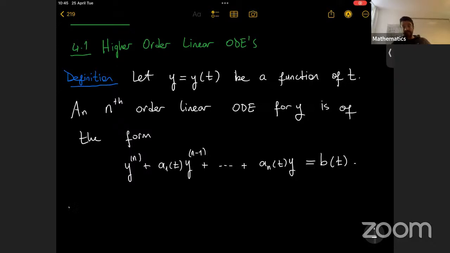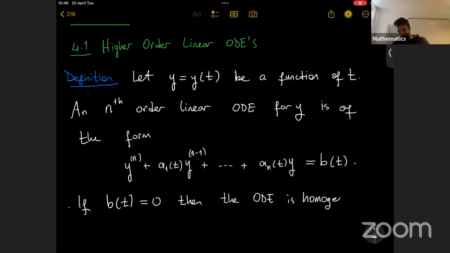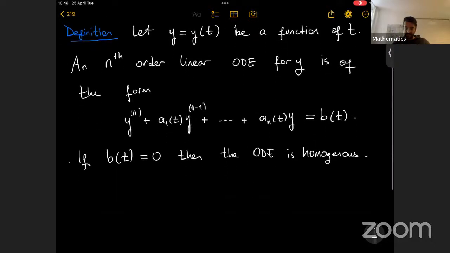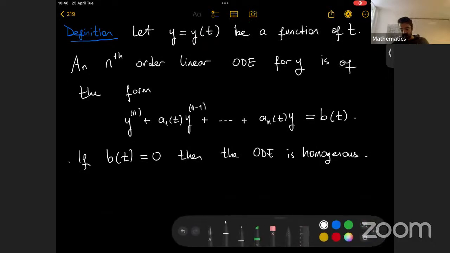If the right-hand side is 0, if b(t) is equal to 0, then the ODE is homogeneous. We will work with both homogeneous and non-homogeneous differential equations, like in the systems. Let's give an example here.